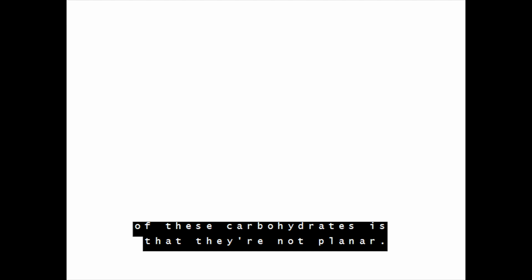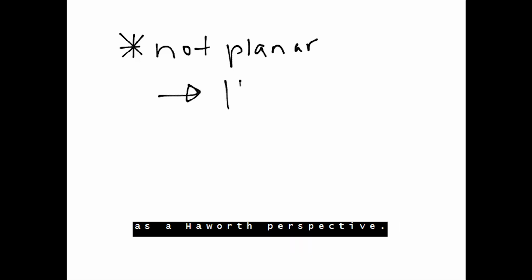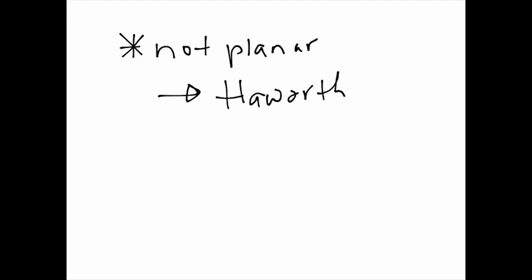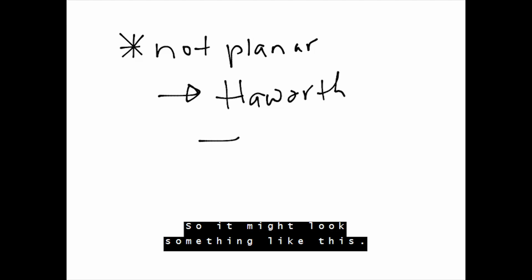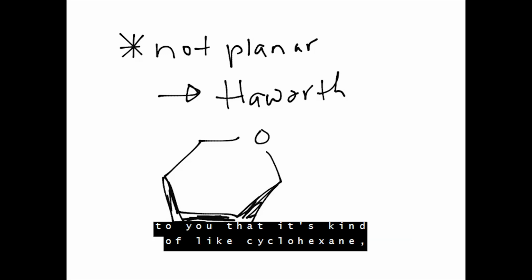The other thing to note about the structure of these carbohydrates is that they're not planar. So oftentimes you'll see a structure drawn in the ring as a Haworth perspective. It might look something like this. And then this part is shown darker to demonstrate that it's kind of like cyclohexane, which you know can form a boat or a chair, right?